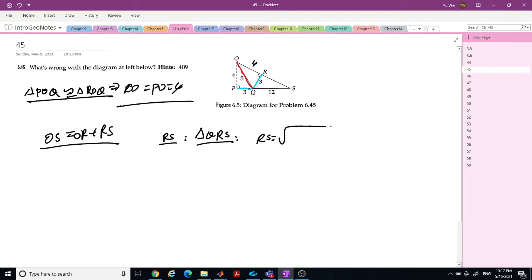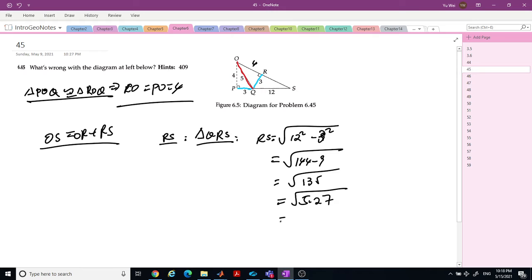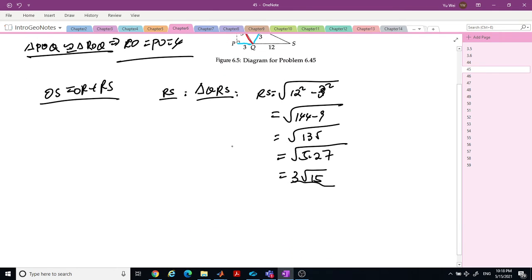So RS squared is equal to 12 squared minus 3 squared, which is 144 minus 9, which is 135. So RS is 3 root 15.